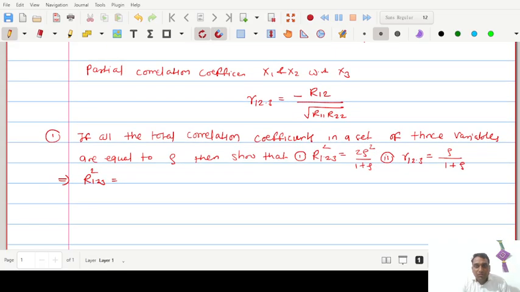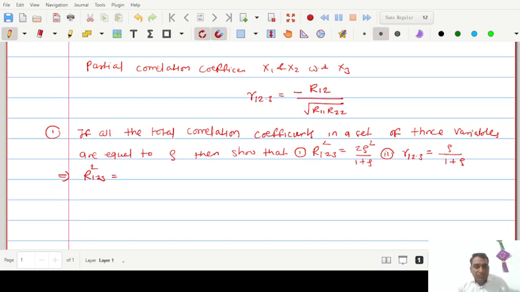So we remove the square root, and we get R1.23 square equals 1 minus determinant of R divided by R11. But we know the determinant of R has the formula 1 minus R12 square minus R13 square minus R23 square plus 2 times R12 R13 R23.